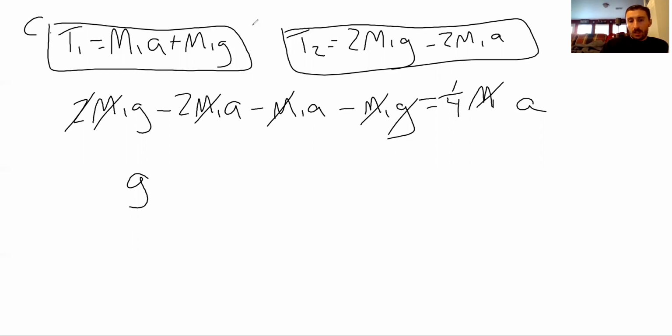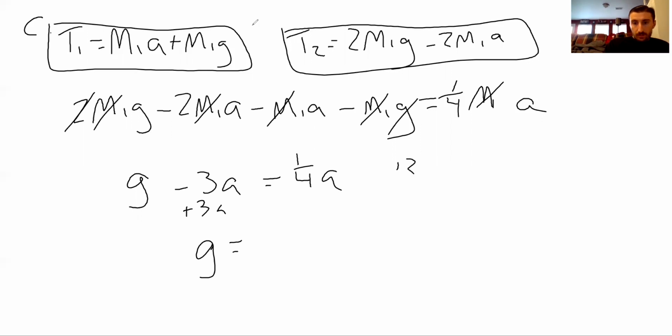I get G equals negative 2A minus A, so minus 3A, plus 1/4 A. So let's get the A's to this side. I'm going to add 3A. I get G equals 13/4 A.